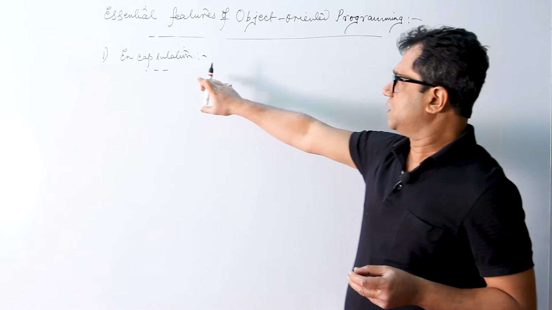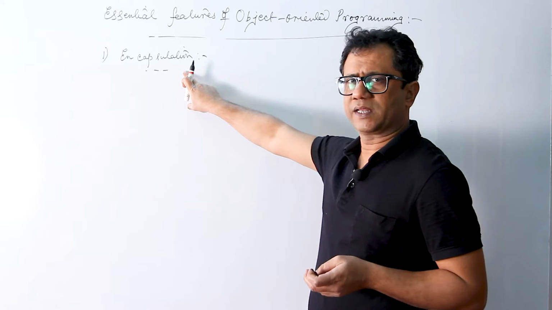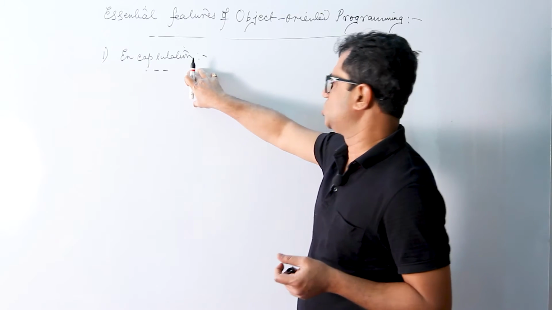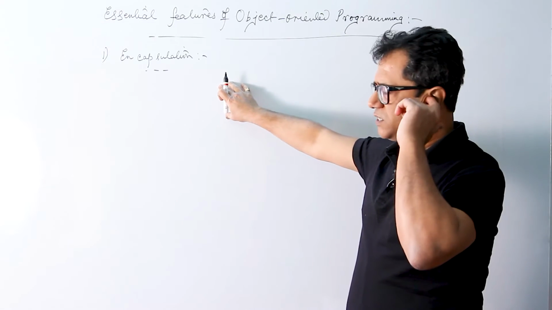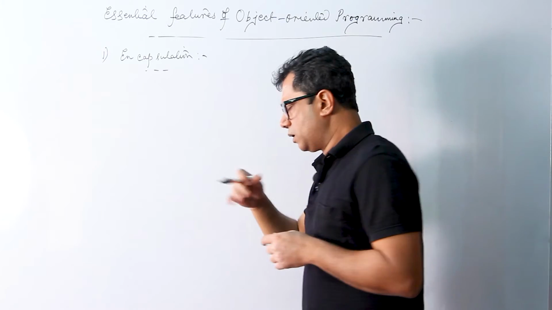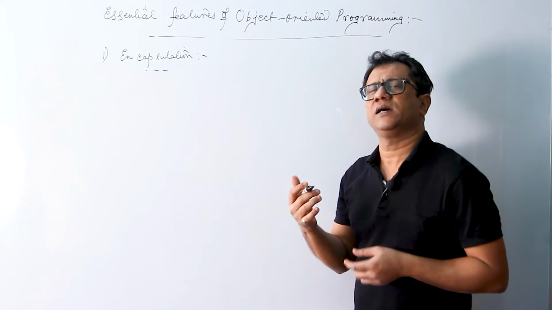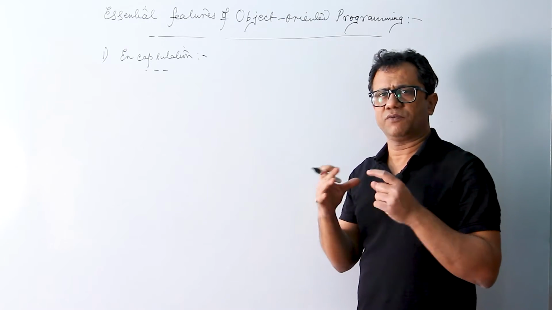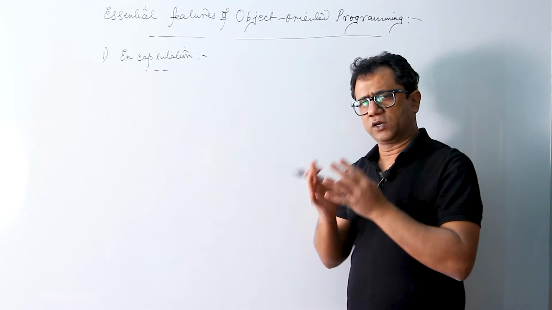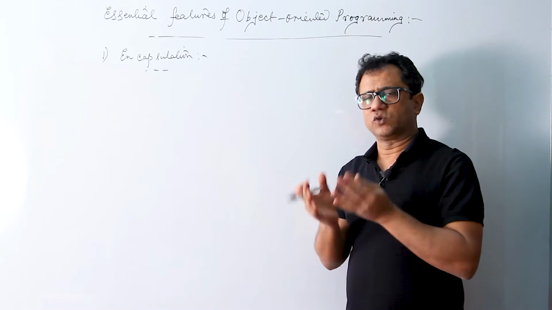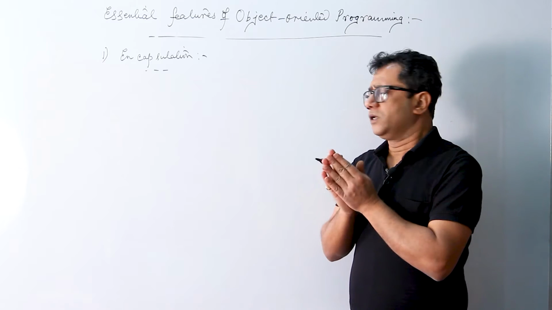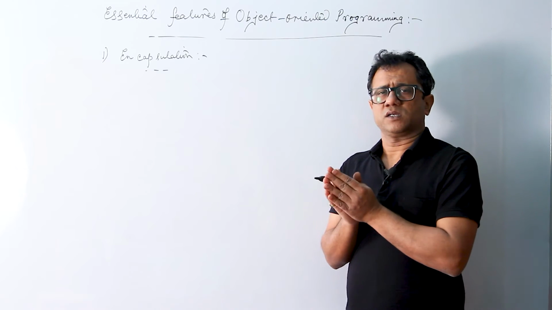So this first essential feature is encapsulation. Encapsulation is an essential feature, which means that the data and functions are both enclosed or encapsulated in a unit called a class.